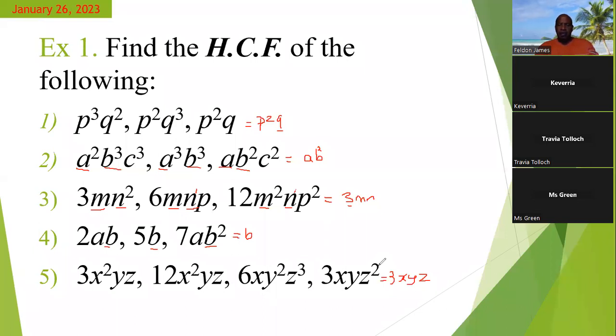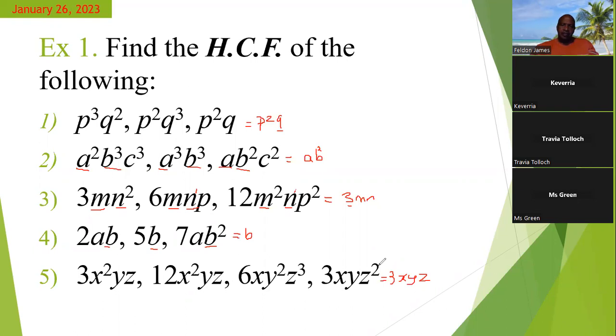Rather than putting 1, it is understood that without the 1, it is still the same number. So it's just a way we like to write algebra so that we can make it look simpler. So rather than writing 1b, 1 times b giving you b, you just simply write b. Now for any other number other than 1, we need to put the number.